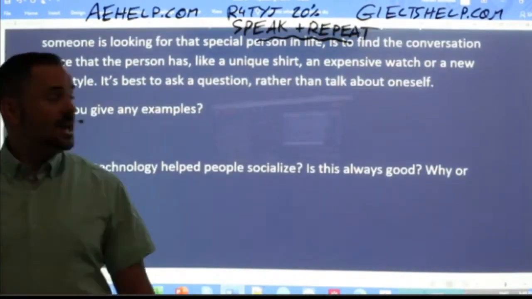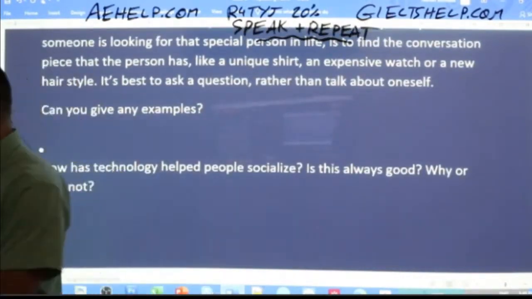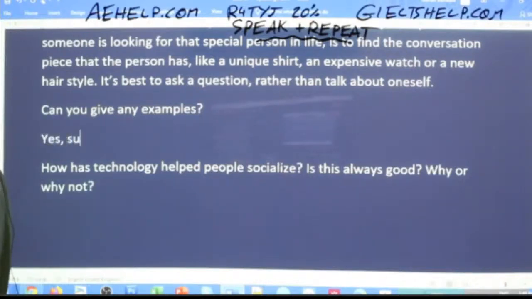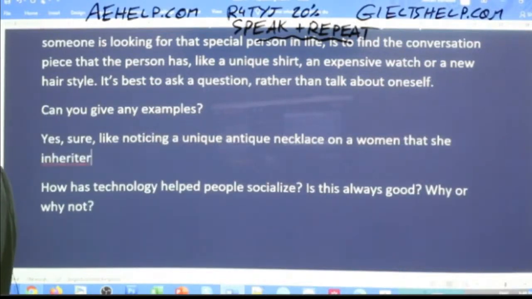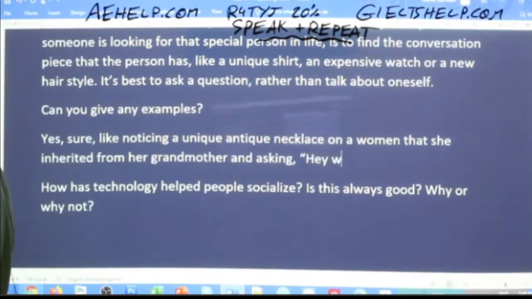So that's a little bit of wisdom from my own background, from my psychology studies. Okay. So can you give examples? Yes, sure. Like noticing a unique antique necklace on a woman that she inherited from her grandmother and asking, hey, where did you get that beautiful necklace?